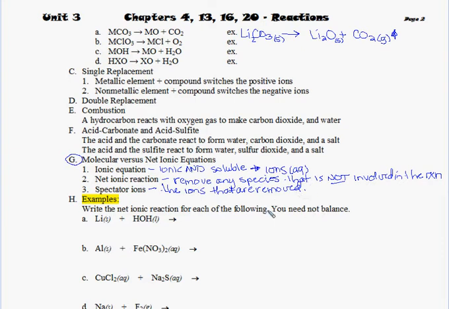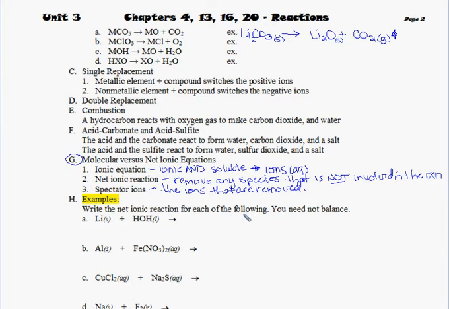And they're going to be removed again because all they're doing is sitting around in the reaction. They weren't converted. They started out soluble, they ended up soluble, they didn't do anything, and because of that, they're just spectating the reaction, and so we would take those out.